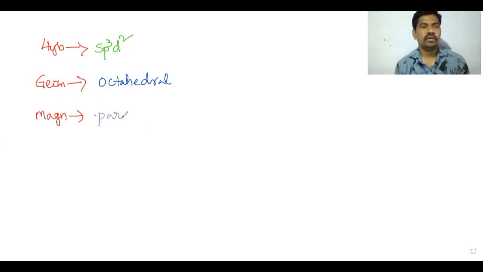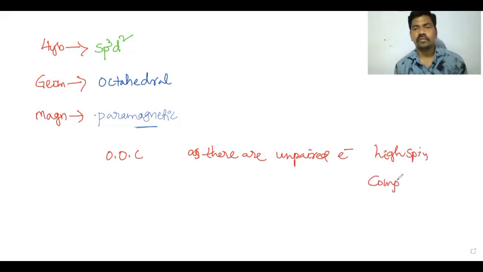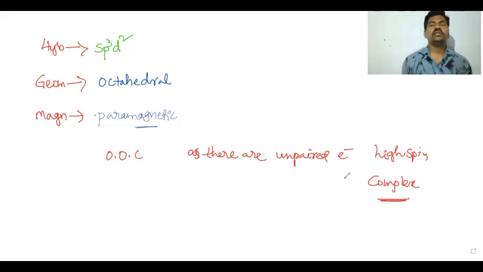And it is an outer orbital complex, as there are unpaired electrons, and it is a high spin complex. So like this, you can solve any coordination complex compound.